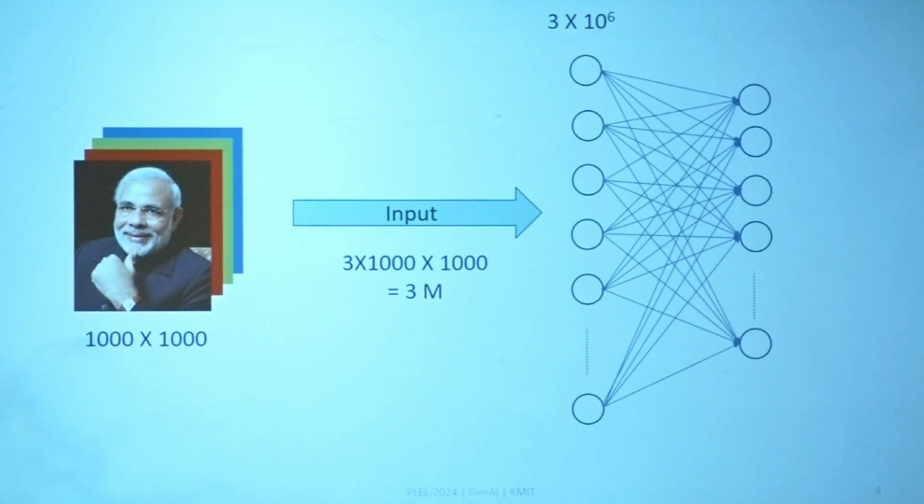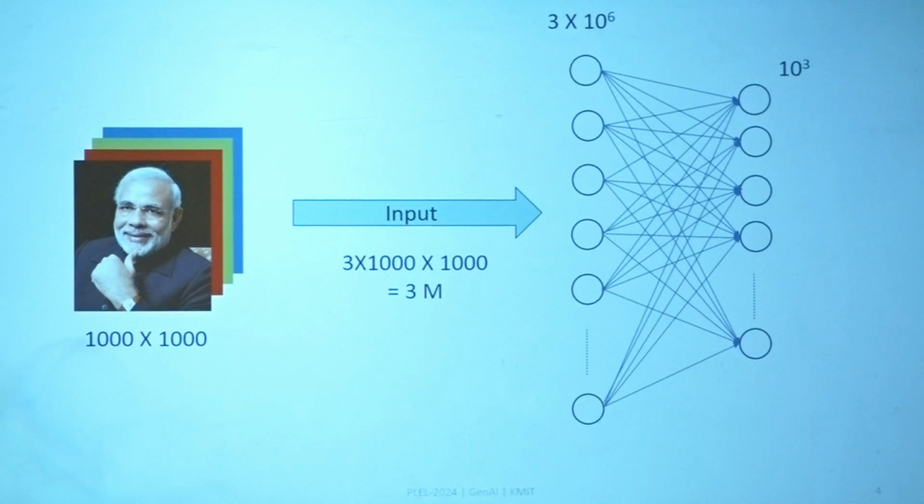With 3 million inputs, obviously it would be better to connect with at least a minimum of 1000 neurons in the first hidden layer, right? So if I am taking 1000 neurons at the first hidden layer, now tell me, what is the total number of parameters?